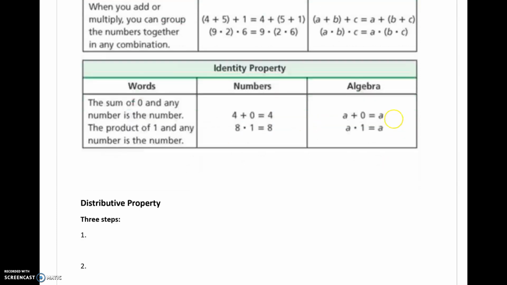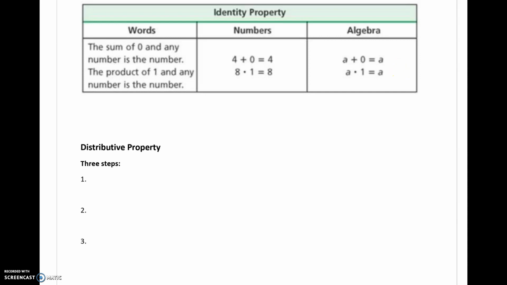And last in these charts is the identity property. And that deals with the numbers staying the same. So if we're adding numbers, the only way you can add numbers and not have a different answer is if we add 0. So for example, if we add 0 to 4, our answer is 4. All right? Any number plus 0 equals that same number.